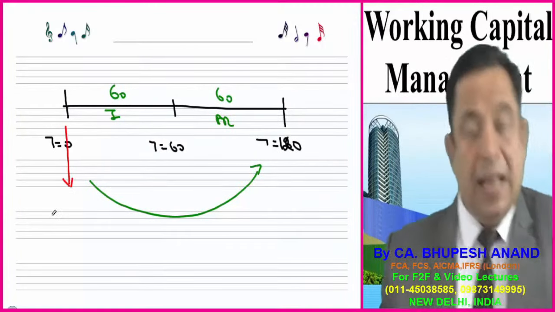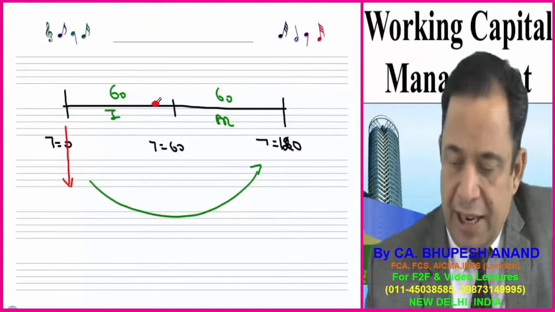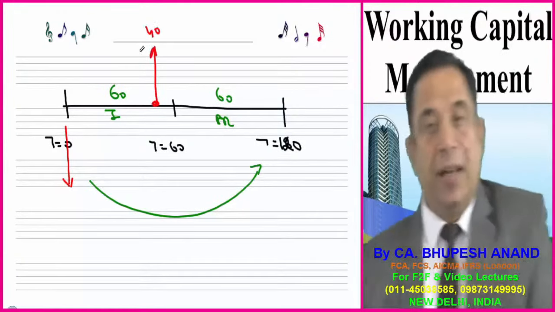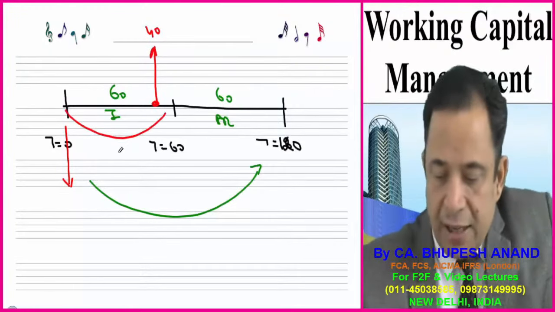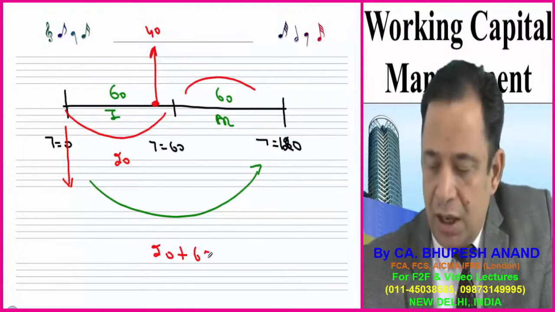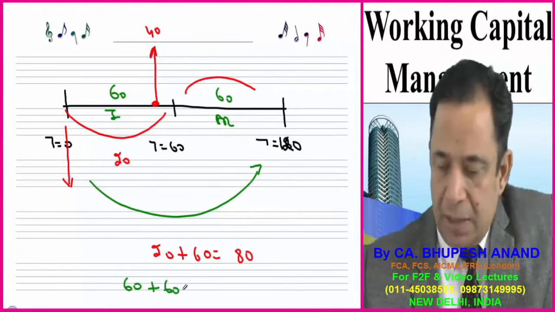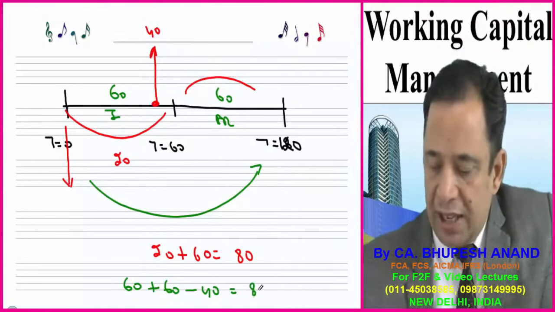If an entity has paid cash on T0, but supposedly an entity has paid cash at the 40th day, it means the inventory cycle will be 20 and 60. So 20 plus 60 is equal to 80, or I can calculate 60 plus 60 minus 40. That again comes to 80.